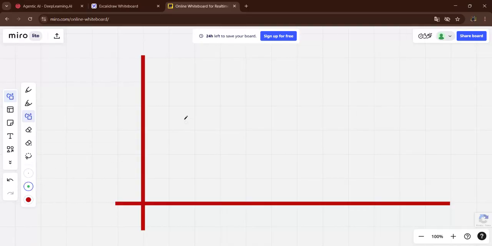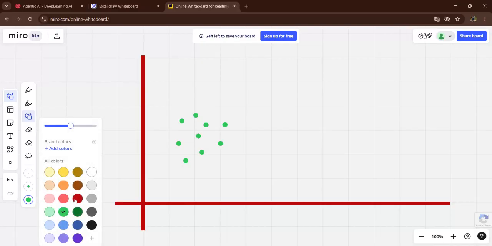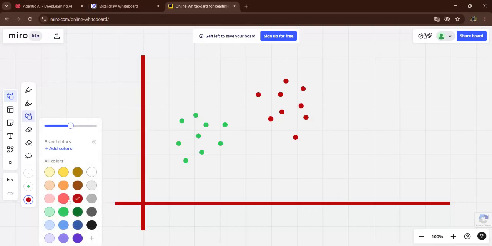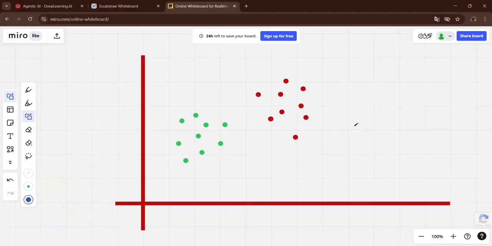This is the color green, and let's take another class in red, and another class in dark blue.